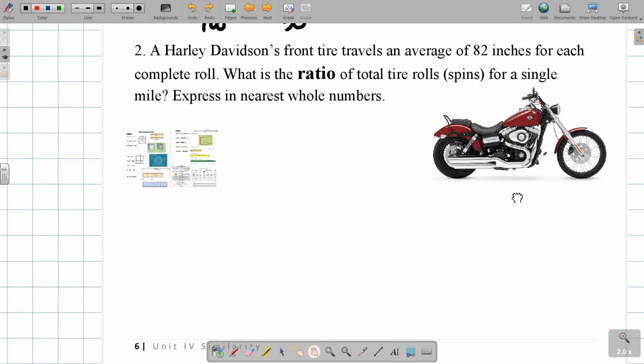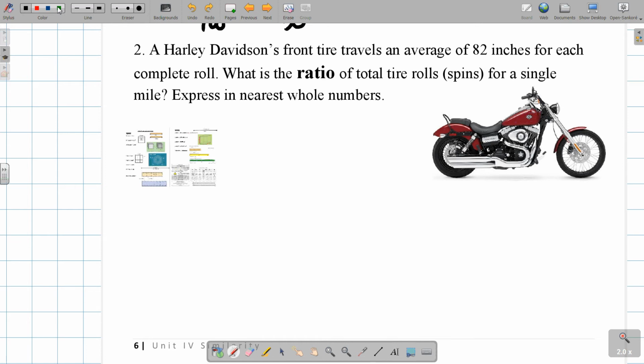This one, Harley Davidson, each wheel travels 82 inches to a mile. So we have here 82 inches for every 1 mile.